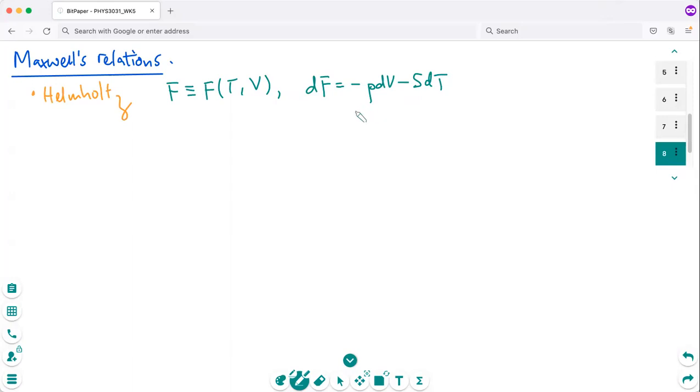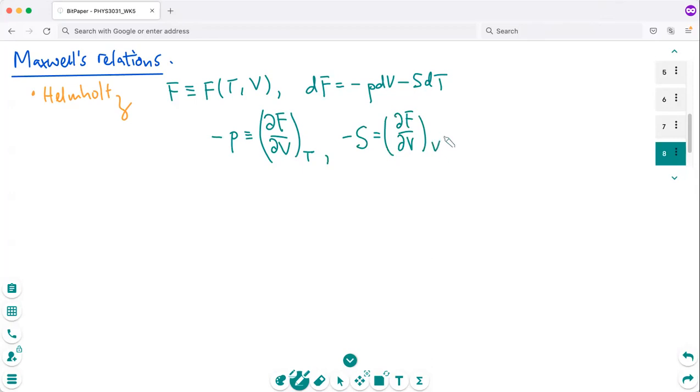And when you look at this, now you should already know how to write this coefficient here. This coefficient, minus P, is nothing but the partial derivative of F with respect to volume, keeping temperature constant. Okay, and similarly, minus S, the entropy, you can also write it.